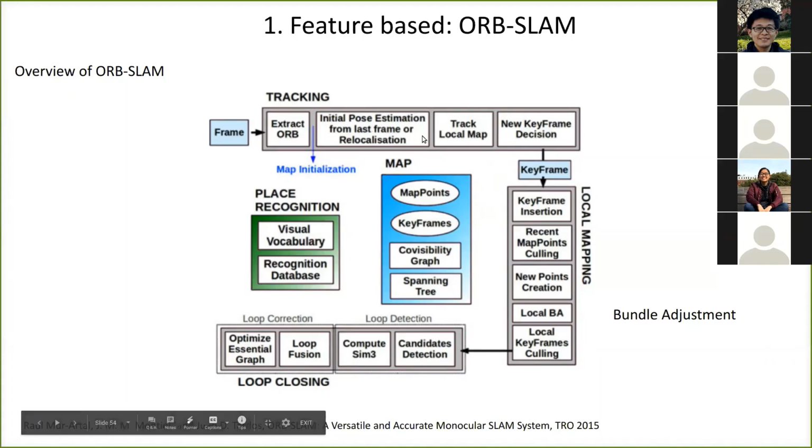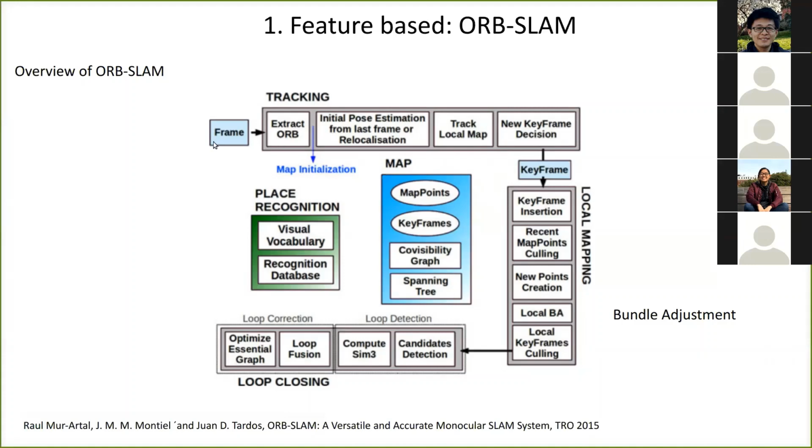The tracking is what we did. We first extract the ORB feature and then initialize the pose estimation, by searching for the correspondence, and then compute the essential matrix, the fundamental matrix, and then the camera pose.